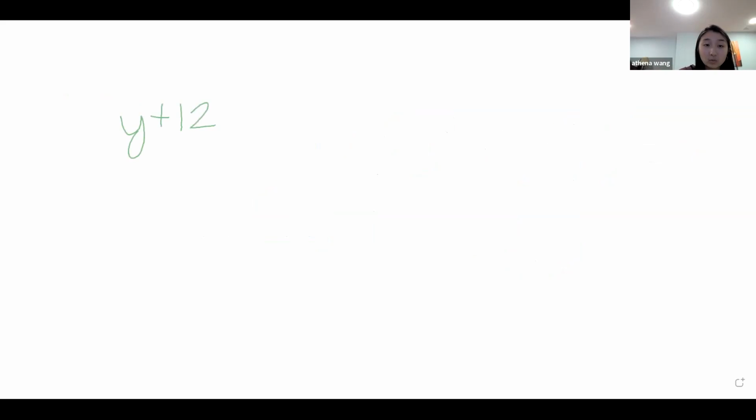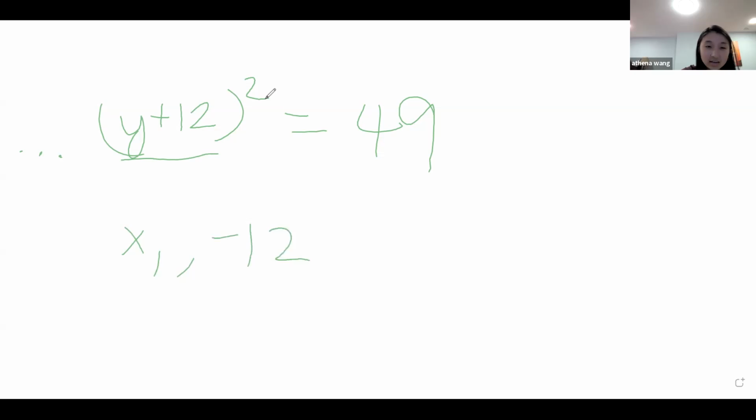That was our y part of the equation. Okay, and this equals like 49. So if we know this equation, we know that the center would be at the coordinates x1, which I don't know exactly what it is, comma negative 12.